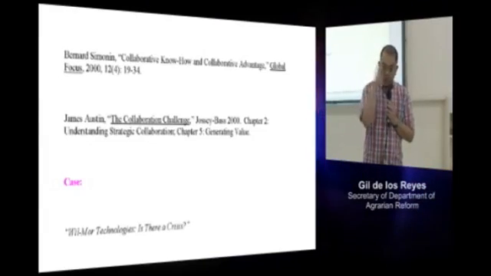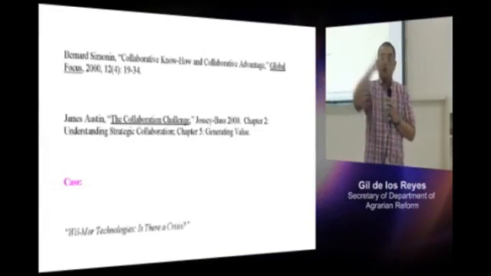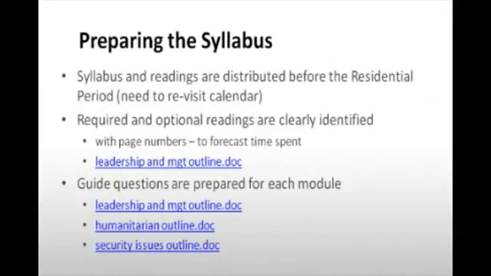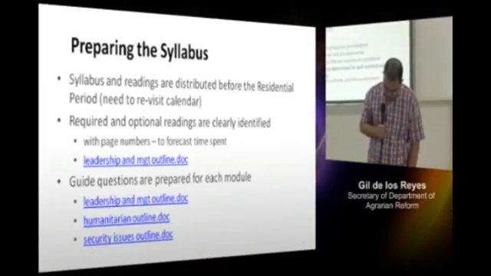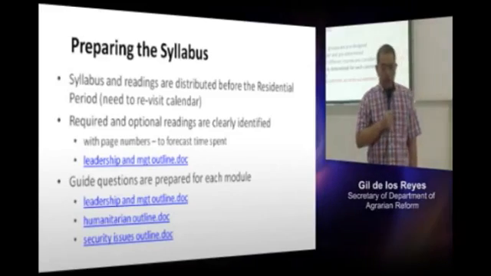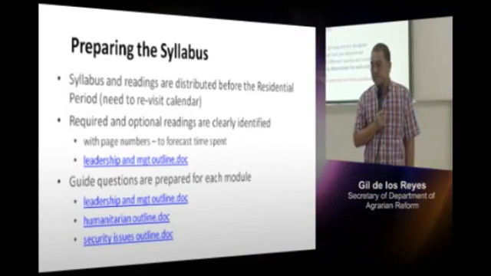So you've got to pin down what is essential, what is optional, what is it that you want to be able to do there. Okay. The other thing is, after you've done the required and optional readings, the other thing about the courses, particularly in master's level courses, is that you really don't have a textbook.